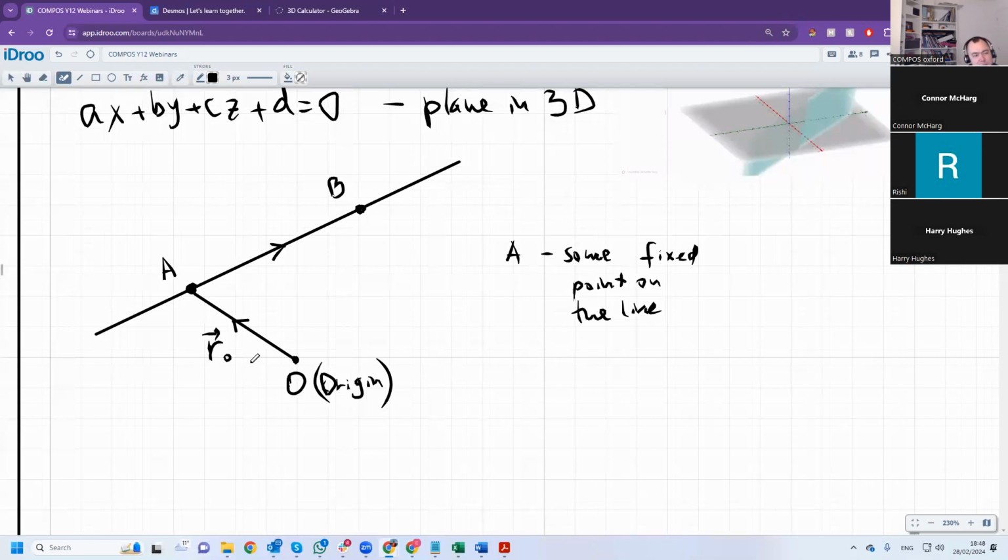Let's not use R0. Can we use R0? Yeah, we can use R0. Why not?